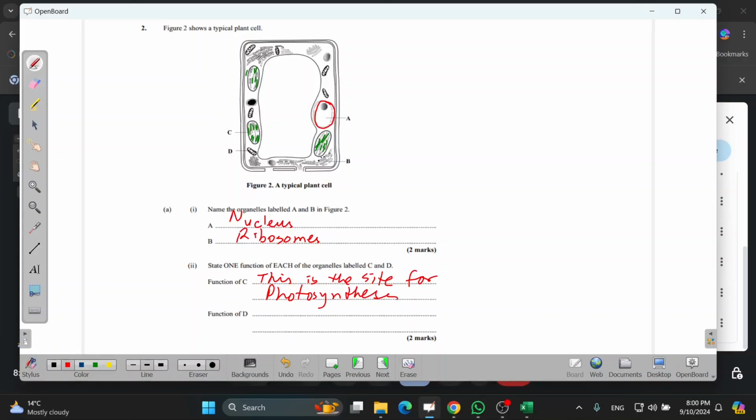There is where plants do photosynthesis. And this one that looks like a hot dog. I will say this again. This is the chloroplast. And the one that looks like a hot dog is called the mitochondria. Remember?